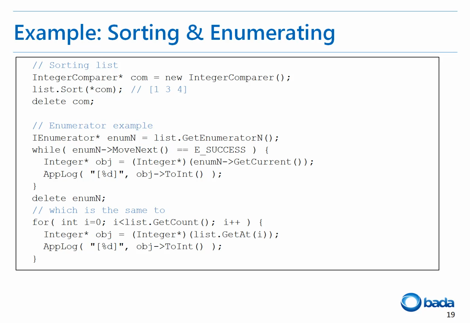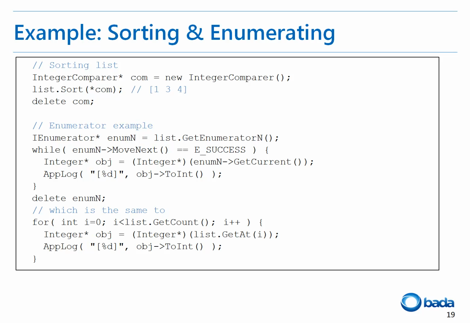In this example, we're using the same ArrayList instance created in our previous example, list, that has the objects with values 4, 1, 3 at indexes 1, 2, and 3 respectively. In line 2, we have the IntegerComparer instance. In line 3, I'm sorting the list, resulting in the list having objects with values 1, 3, 4 at indexes 1, 2, and 3 respectively.